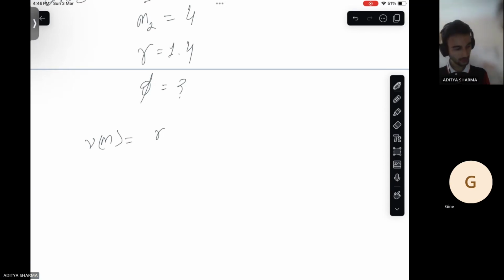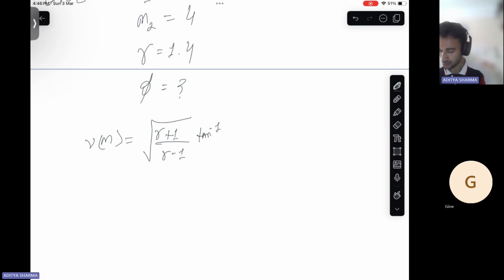So we have this Prandtl-Meyer function expression, right? Gamma plus 1 over gamma minus 1, tan inverse of.